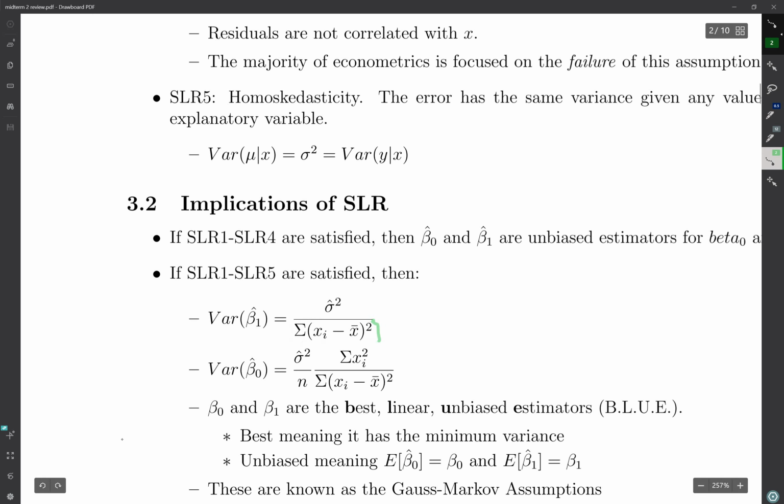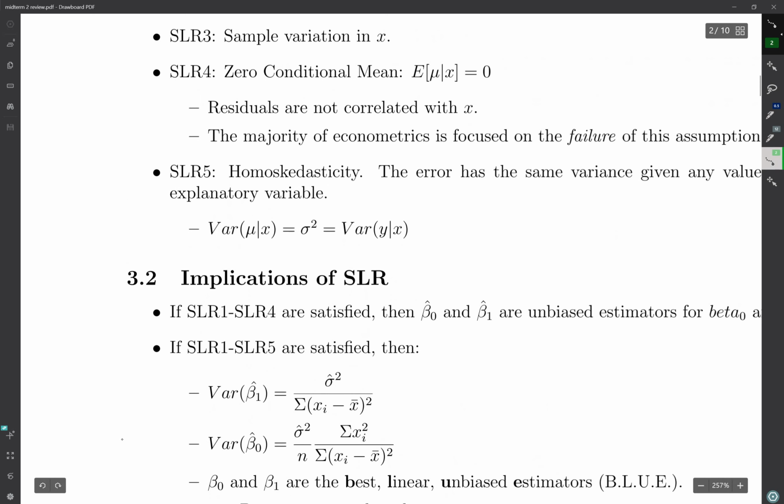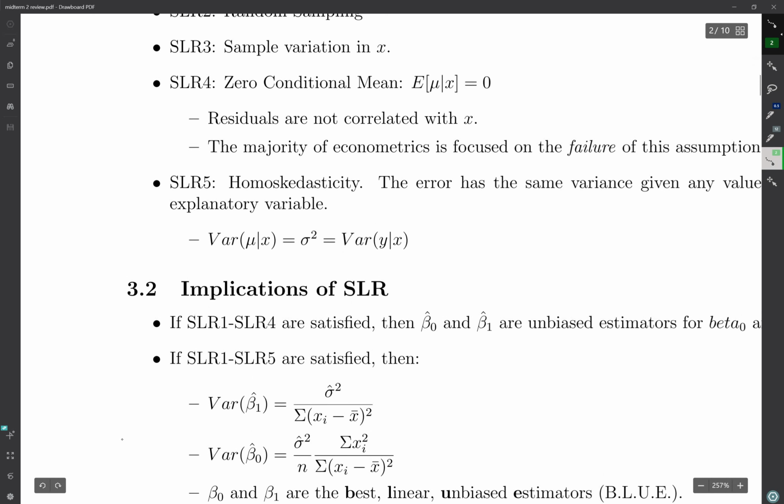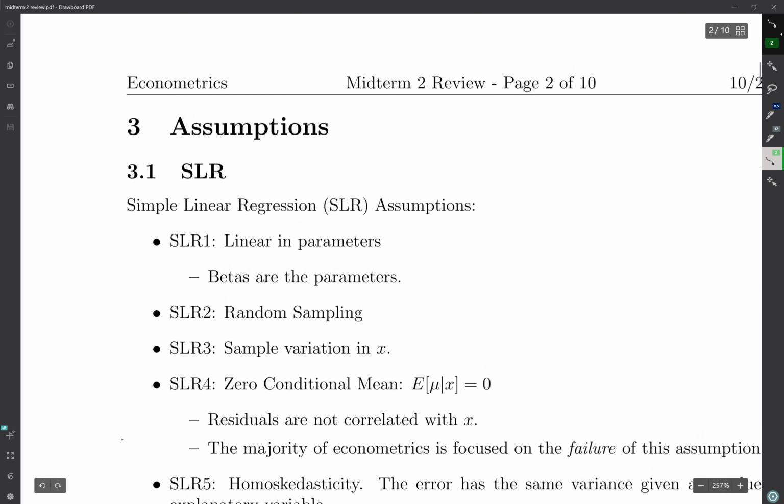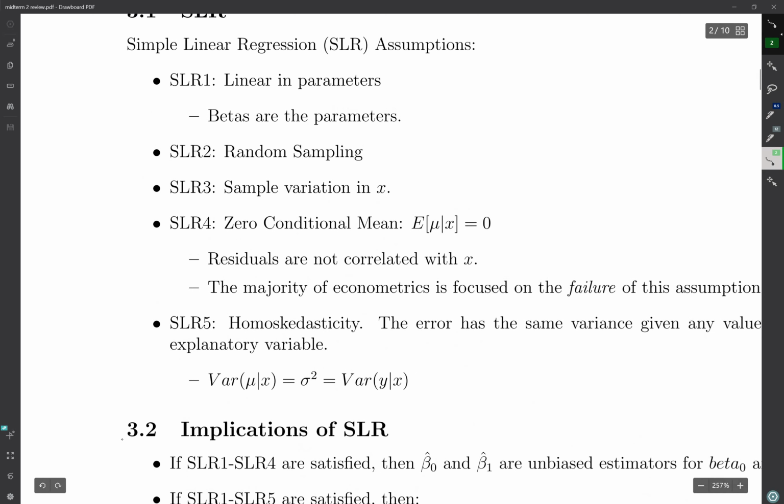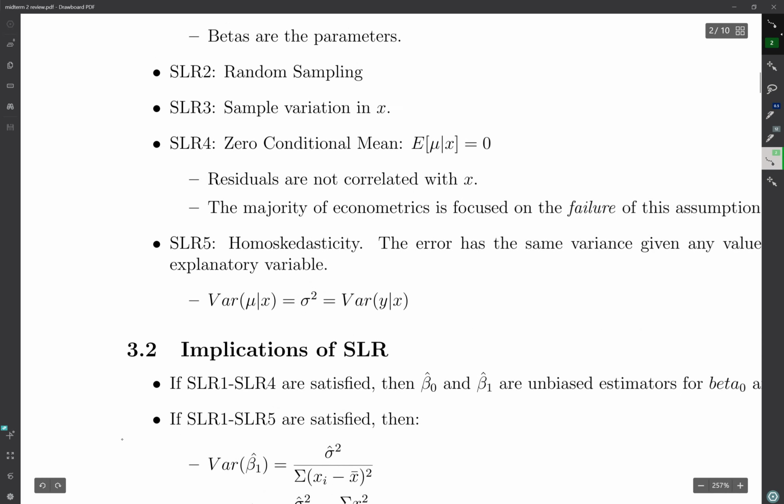You can't divide by 0, so that would be mathematically something we couldn't do. So that's important to us. Can't do situations where we don't have variation in x. That shouldn't be too restrictive of an assumption, because it wouldn't really be an interesting situation if we were doing a regression and our x didn't vary.